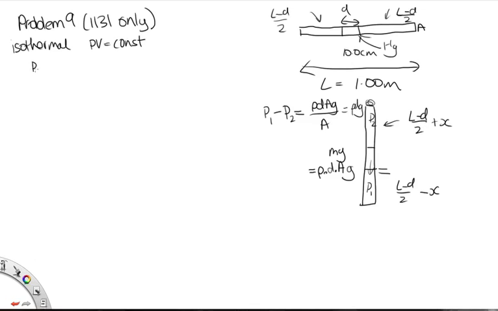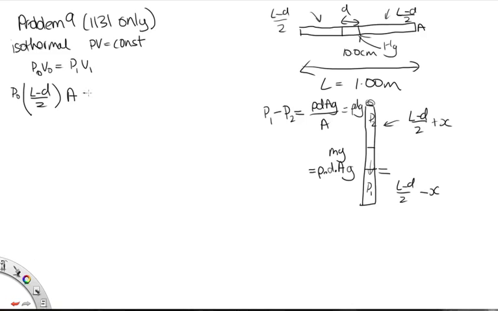So P0 V0 is equal to P1 V1. Okay, so let's consider this one here. Initially it's at P0, which is atmospheric pressure, and it's got volume V0, so P0, and V0 is L minus D over 2 times the surface area. That gives us the volume here.